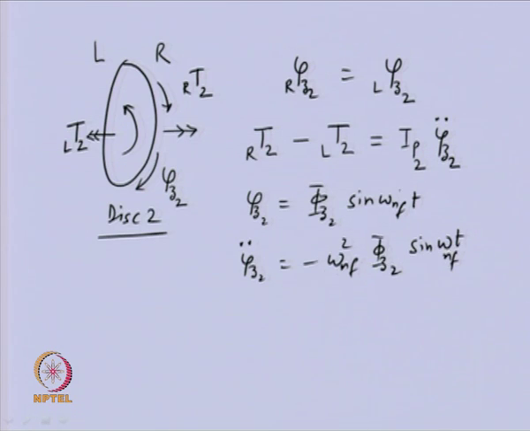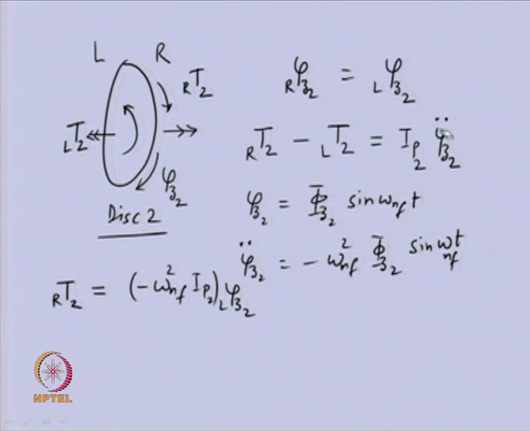Now, we can substitute this here. So, we can write this equation as: the torque at the right of disc 2 is equal to, rearranging the terms, omega square NF times IP2 times phi left of disc 2.